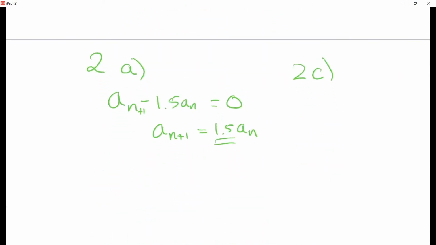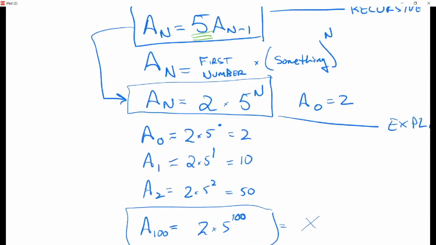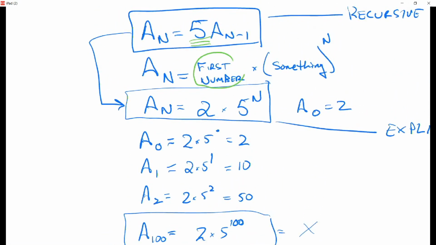So that's the first thing to note, the something is 1.5, which means that when I get my formula, I'm going to have 1.5 to the n.